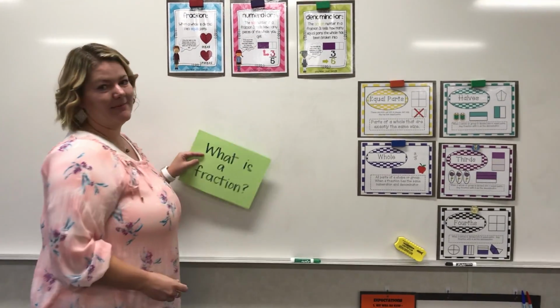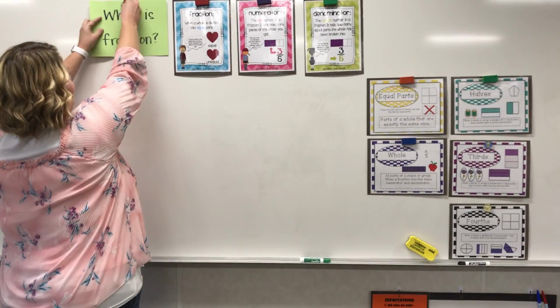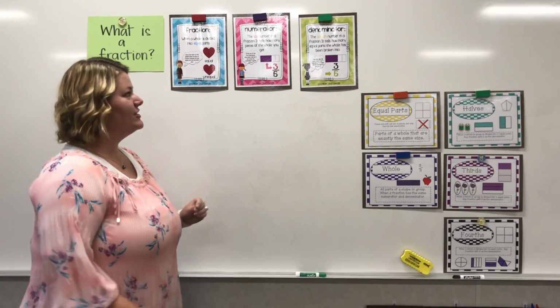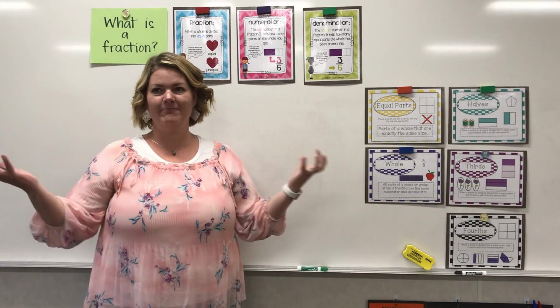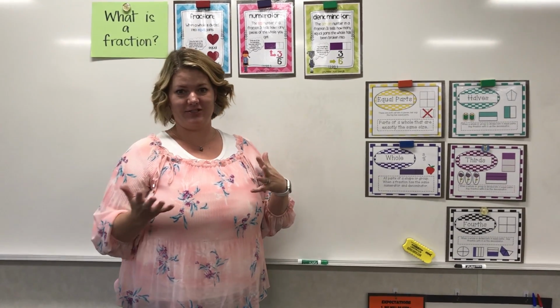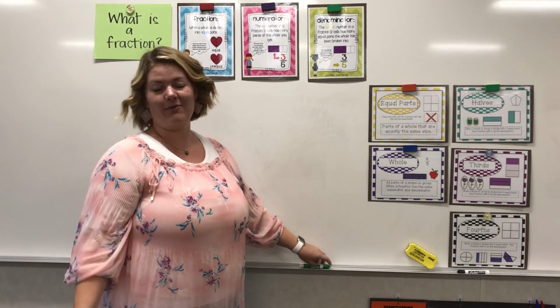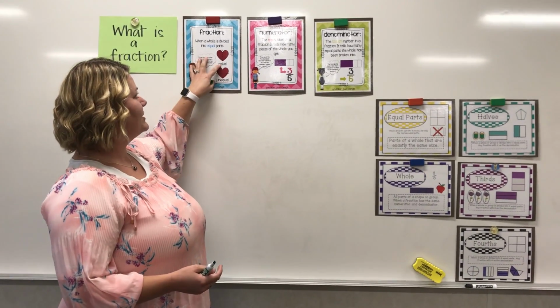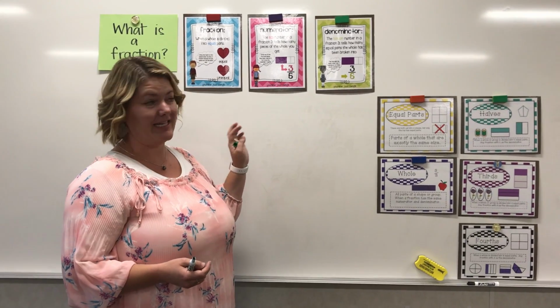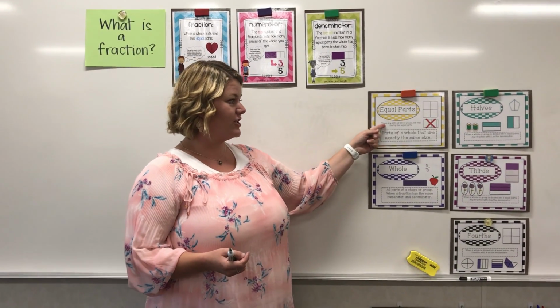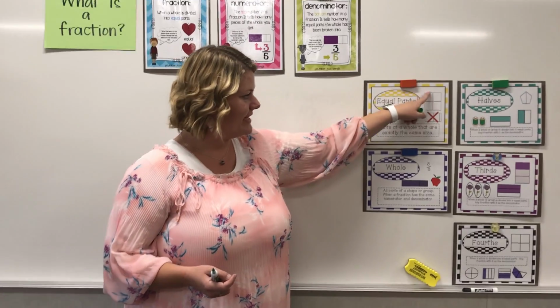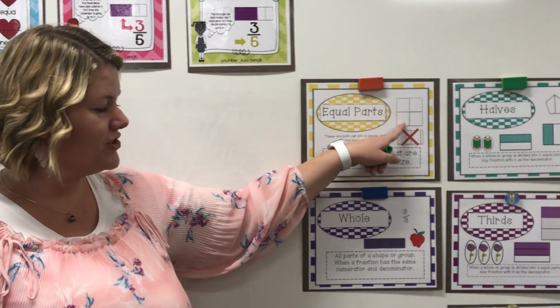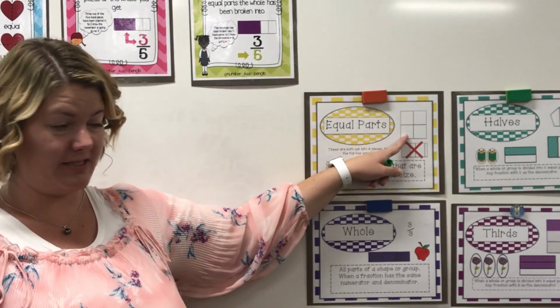So today we're going to talk about fractions and what a fraction is. So let's talk about pies or pizzas or something, or candy bars. We always have to share food evenly, right? A fraction is a whole that's divided into equal parts. If you look at this picture here, this square is divided into equal parts.